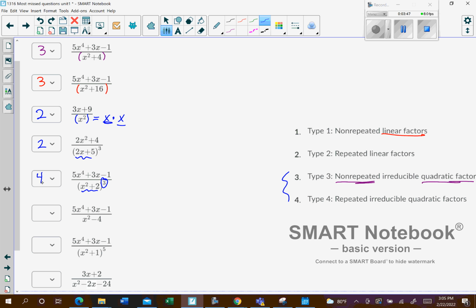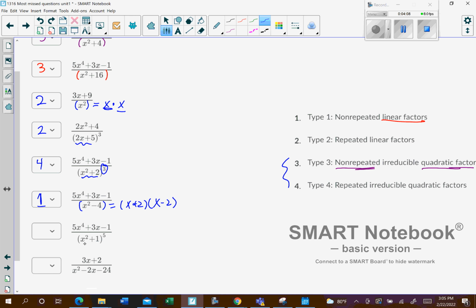And then, here's an example like what I was looking for earlier. This factors into x plus 2 and x minus 2, and those are linear factors, but they're not the same, so they're not repeated. So those are non-repeated linear factors, and that's going to fall into category 1. And then the next one, that's quadratic again, and it's not factorable, and it's raised to a power of 5.